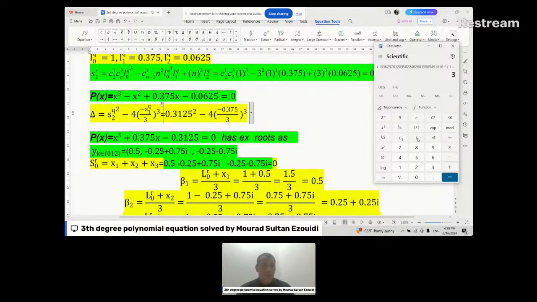Then I'm going to write the answer. This one has to be equal approximately. I will write this one here, plus 0.0625 divided by 2 raised to the power 1 over 3, 0.68. So this is for x.